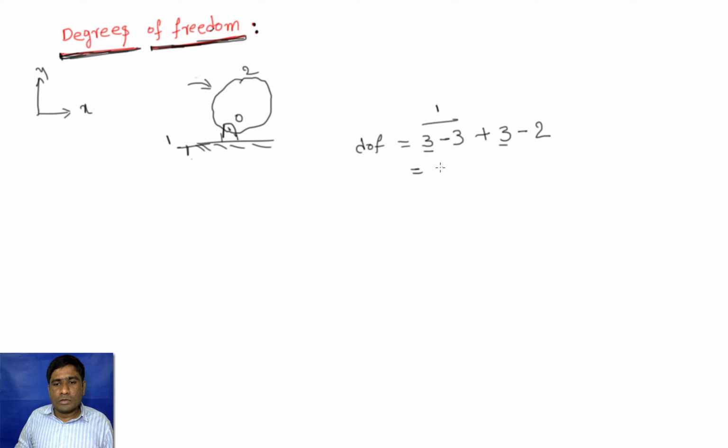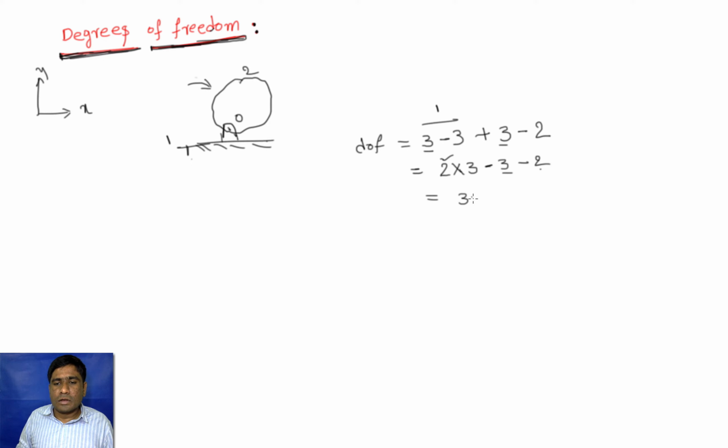So if I write this as 2 into 3 degrees of freedom for 2 links, this is the number of links 2, for 2 links 3 degrees of freedom, but minus 3 and minus 2, where this is the constraint for body 1 because it is fixed, and this is the constraint for body 2.